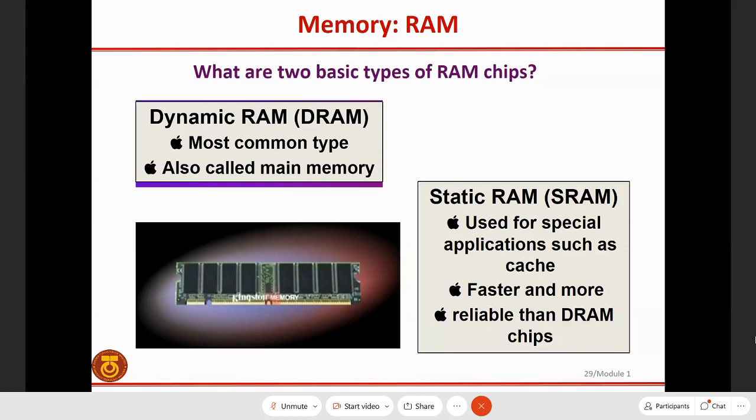So you need to buy another ROM and write on that memory. So this is ROM in the first generation. Later, in the second generation, there comes the EEPROM, erasable PROM.